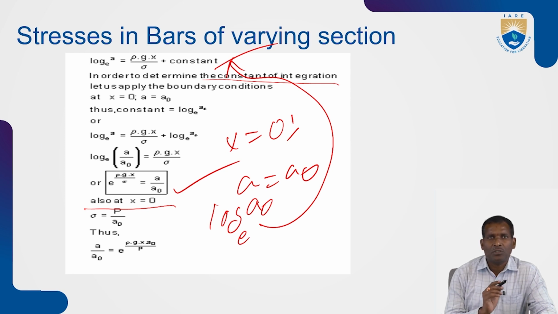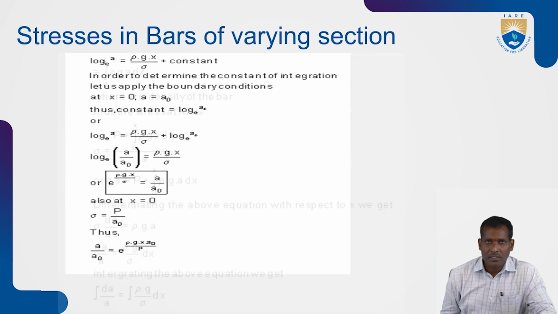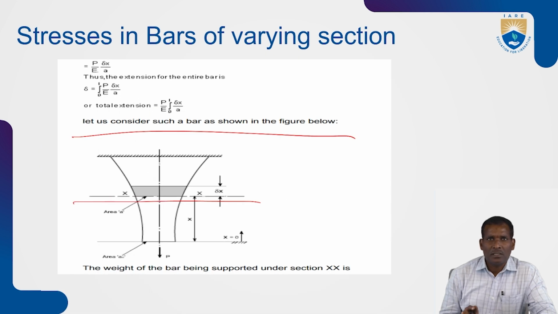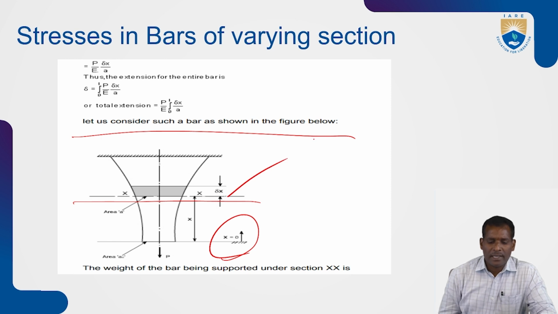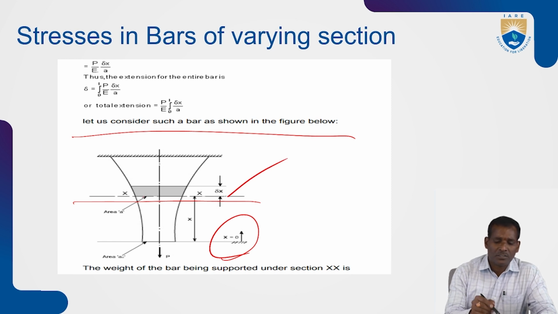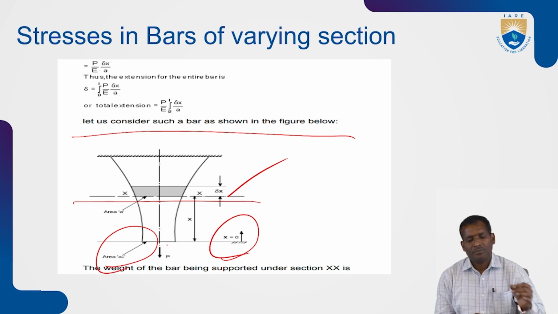For this diagram, see, at x equal to 0 and then delta x, the area is small a, but this area at x equal to 0 is A naught.